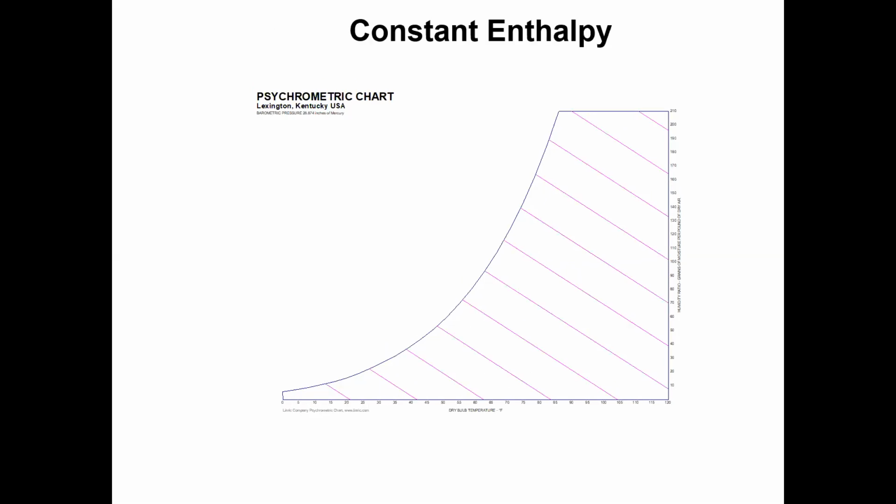And these lines show constant enthalpy. We know enthalpy; I'm not going into detail on what enthalpy is and why we need it, I'm only covering the details of the psychrometric chart. These lines show the enthalpy values.